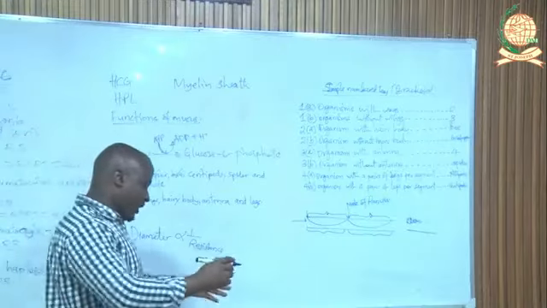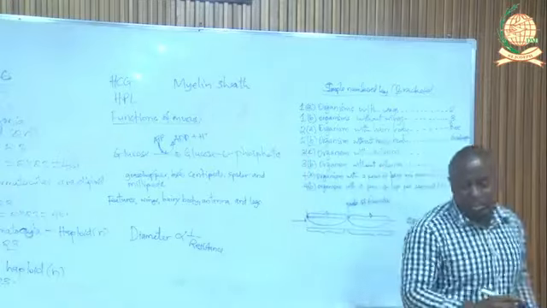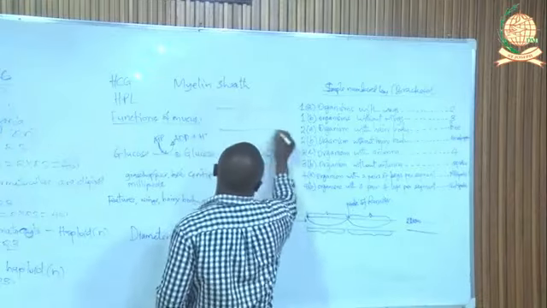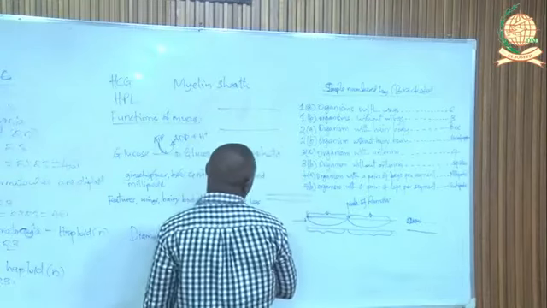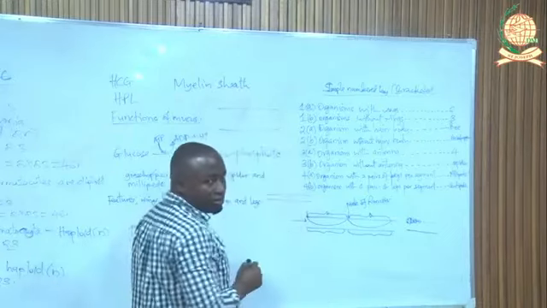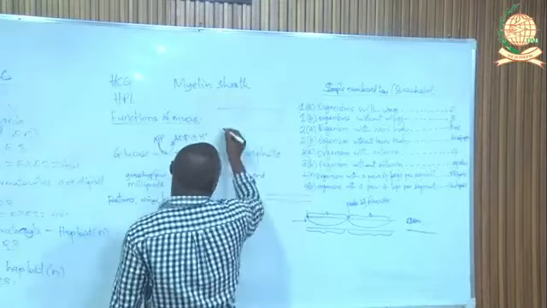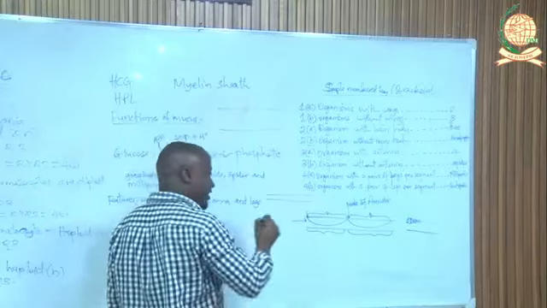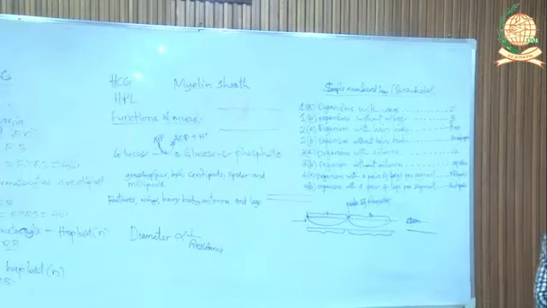The larger the diameter, the lower the resistance. That means if you have a big axon like this, and others which have a small diameter, the resistance of the axoplasm in the big one is very low. As the diameter increases, the resistance of the axoplasm decreases, and therefore that allows faster transmission of nerve impulse.